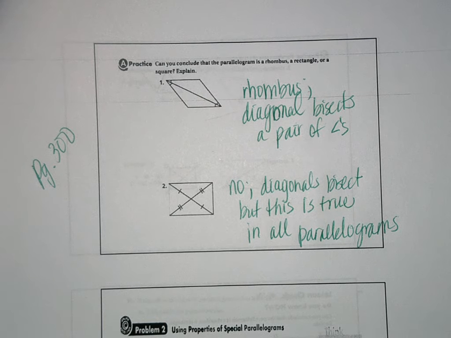Okay, so all parallelograms have diagonals that bisect. Rectangles, though, all of the diagonals are what? The same or congruent. Therefore, we don't have enough information to call this one a rectangle.